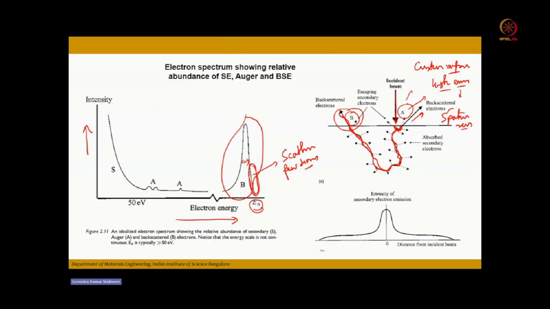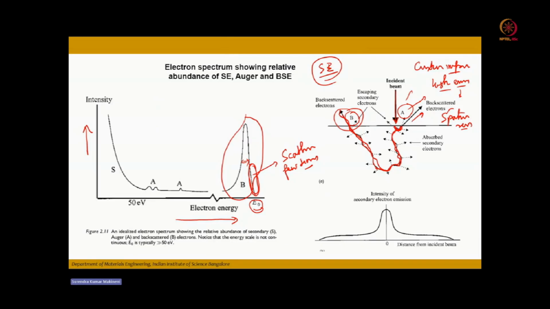And one more important part is the secondary electrons. What are secondary electrons? When an incident beam interacts with the sample, electrons from the sample atoms get knocked out, and those electrons are called secondary electrons.